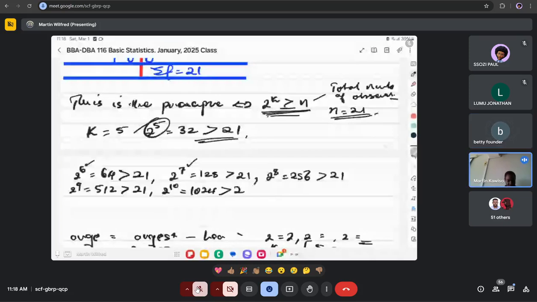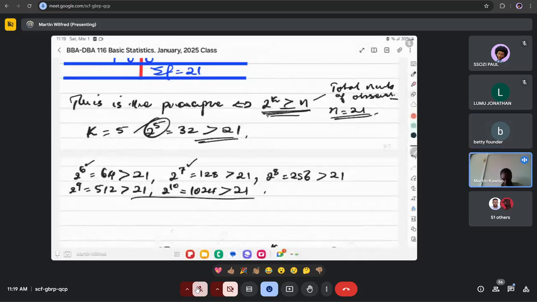I'm still looking for a value that picks all our data. Okay, so I've been trying out, as I was asking you, and if we take our K as 10, then we shall pick all our information. We shall record all our information.